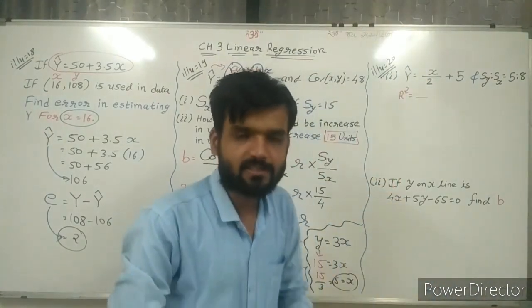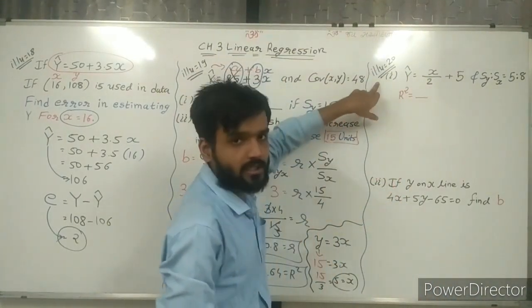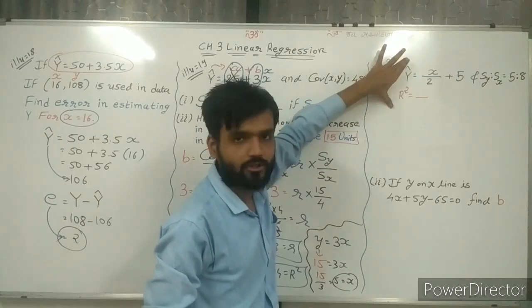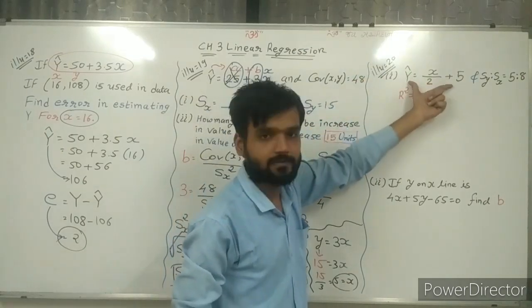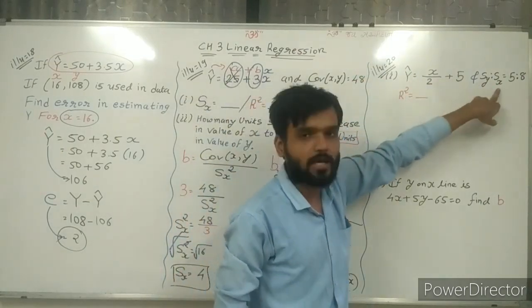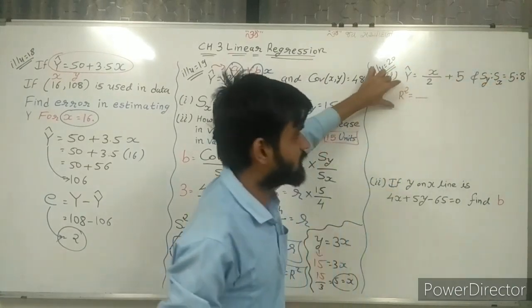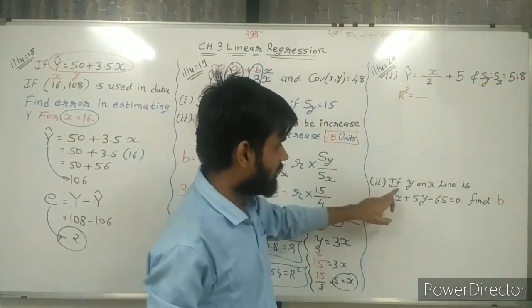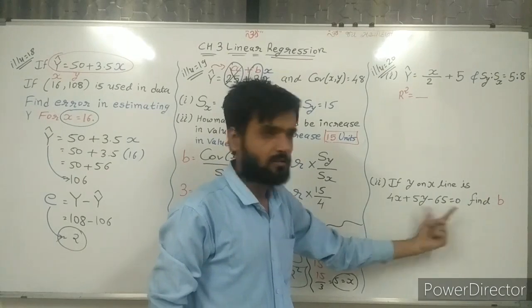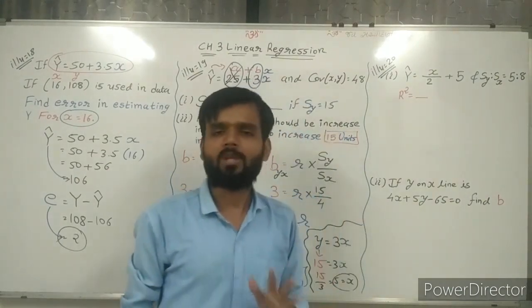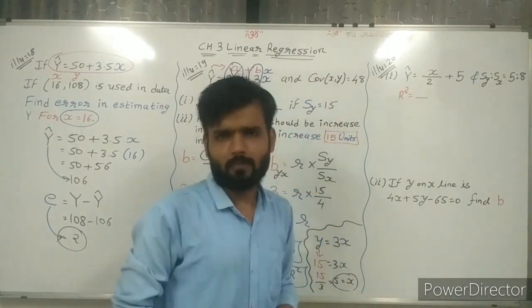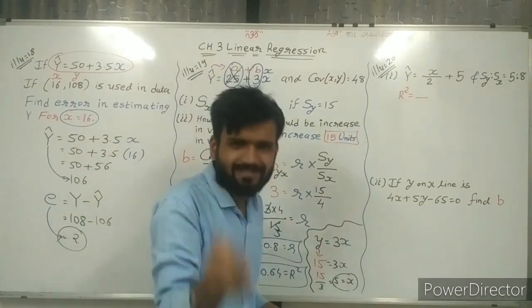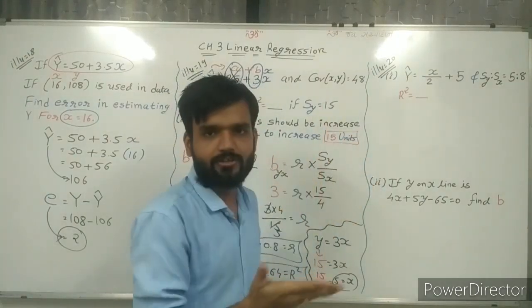Now on this basis, I have written illustration number 20 in short. Y cap is equal to this. Sy ratio Sx is equal to this. Find r square. First question. Second, the y on x line is this. Find b. Now both are easy, but first of all, the first time you have to understand it.